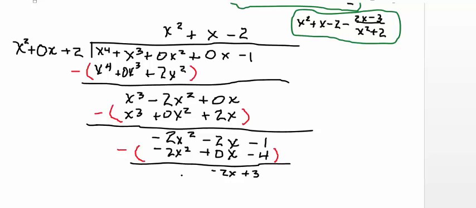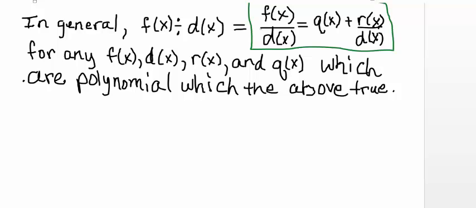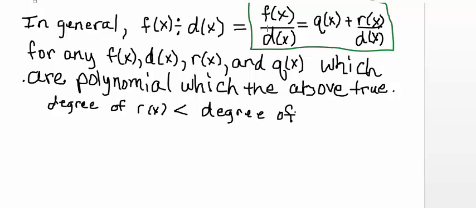I knew that was my remainder because its degree was smaller than the degree of my divisor, which was 2. So notice that the degree of your remainder will always be less than the degree of your divisor.